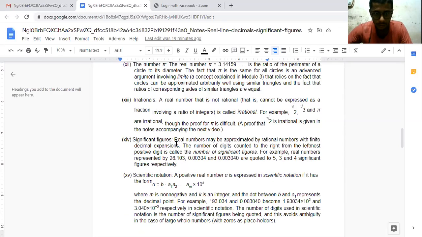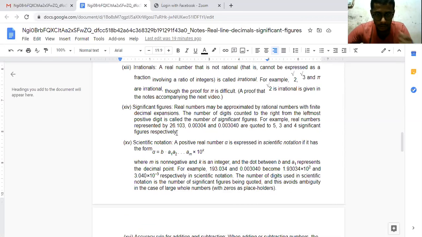Significant figures, we're going to be mentioning significant figures soon. For example, this here is 26103. The significant figures would be 5. Here it would be 3103. We don't take this as significant figures because, for example, if it is 3.03, we're going to be writing this as 3.03 into 10 to the power minus 3.